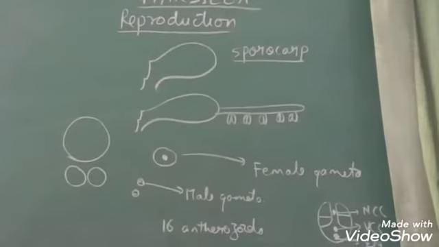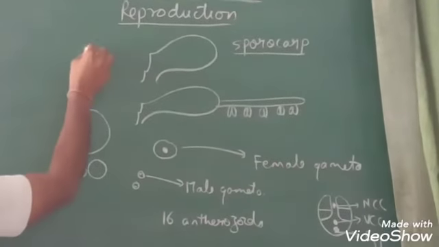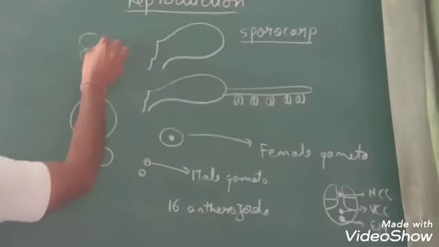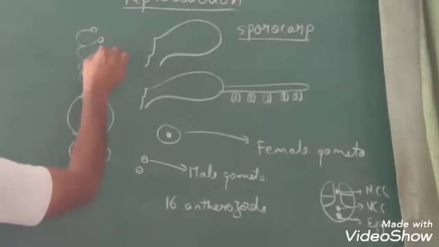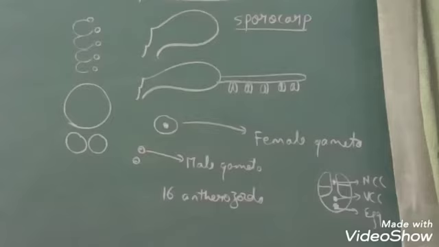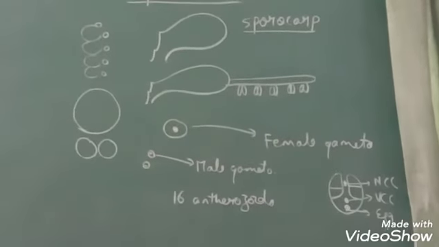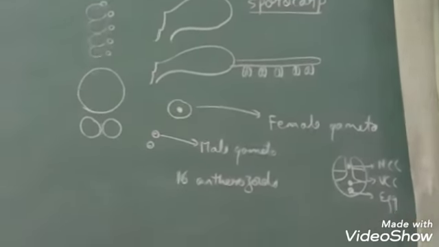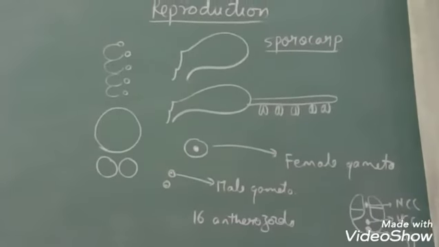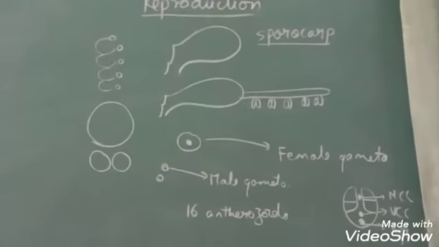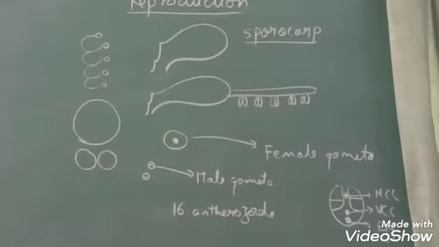These are arranged like this: megasporangia one above the other, and on either side are present microsporangia. Now in a sorus, only one megaspore is left in one megasporangium, whereas in a microsporangium around 32 to 64 spores remain functional.